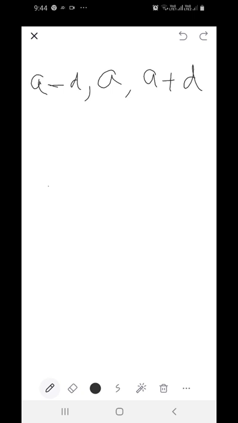You see that the difference between the numbers is D, because A minus (A minus D) is D, and A plus D minus A is D. So if you are given three numbers, take like this. If you are given five numbers in the question, you will put one more number on the right, make it A plus 2D, and one number on the left, A minus 2D.